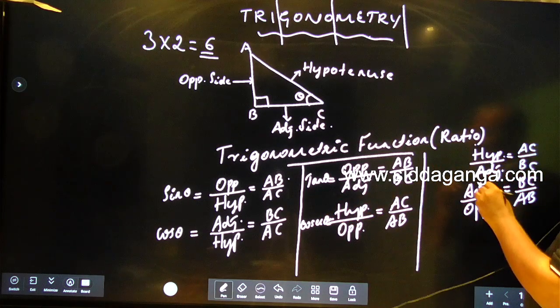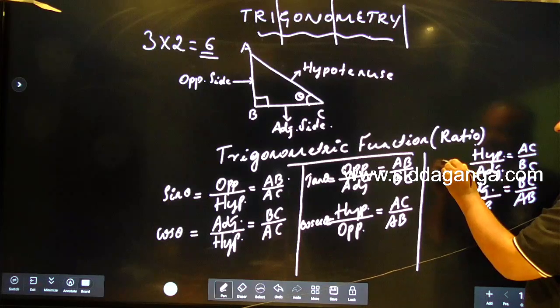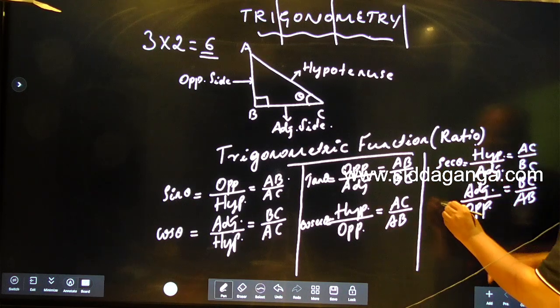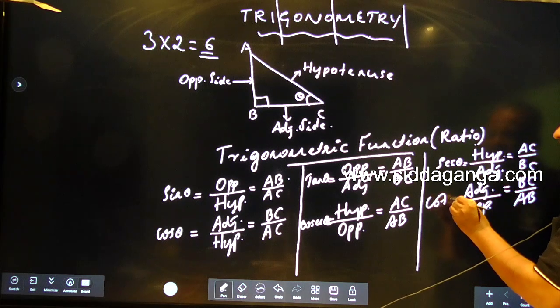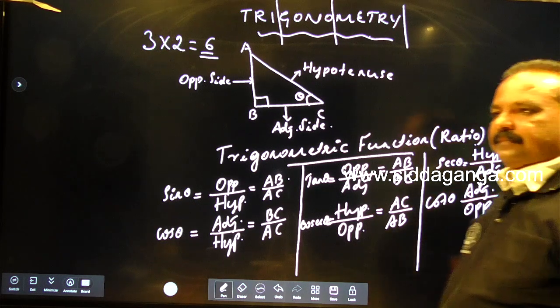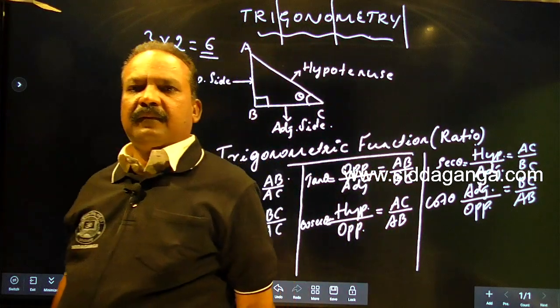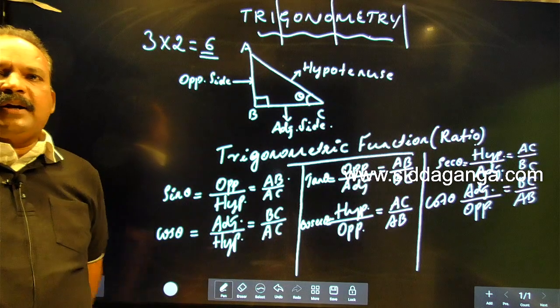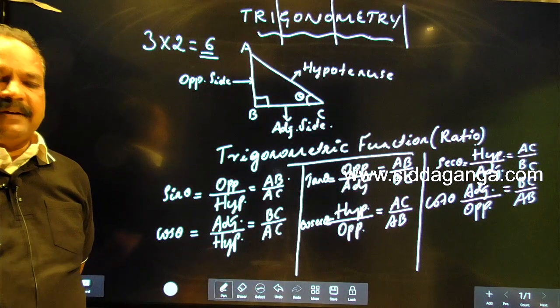Hypotenuse by adjacent, this is named as secant theta. Adjacent by opposite, this is named as cot theta. Okay. So, these are the 6 trigonometric ratios that we can define.